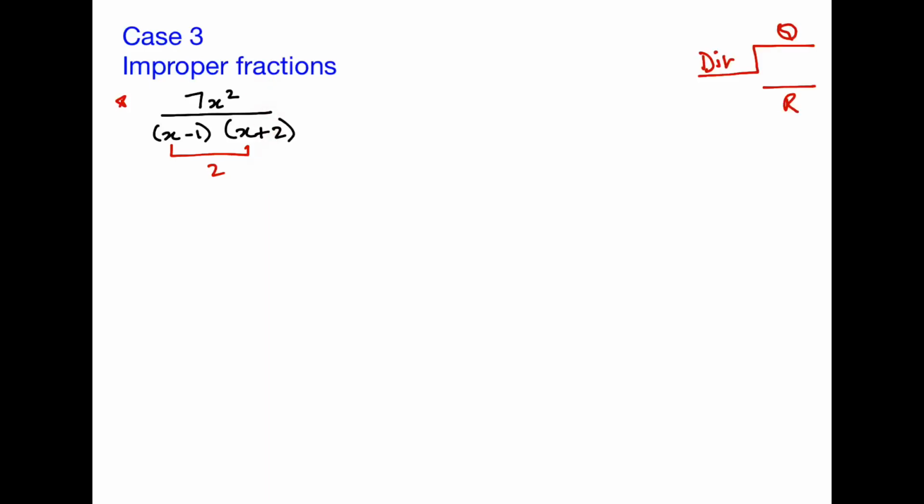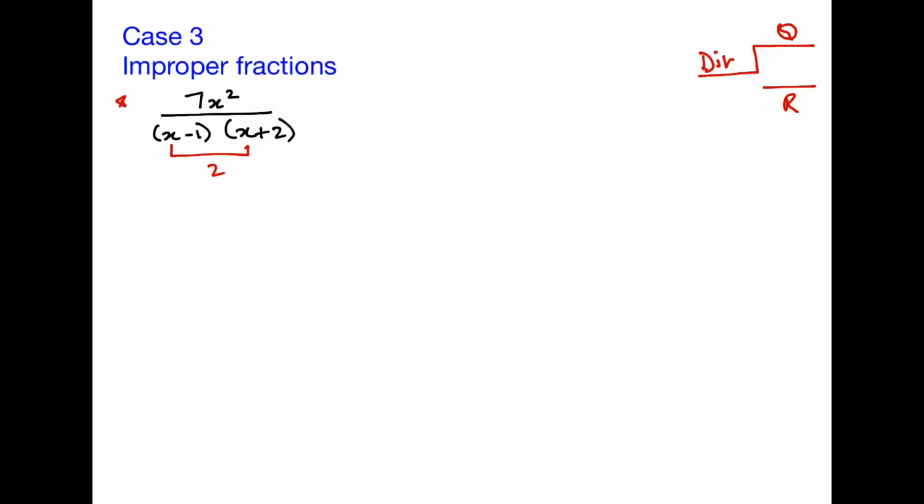Now we will go through improper fractions. When the power of x in the numerator and the denominator are the same, it is a case of improper fraction. Once you identify it as an improper fraction, divide the numerator by the denominator using long division.